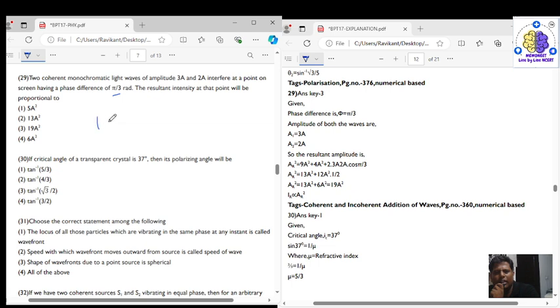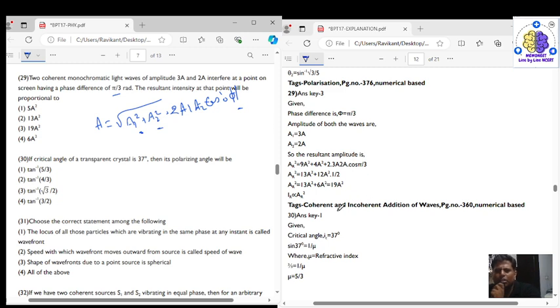That is A is equal to under root of A1 square plus A2 square plus 2 A1 A2 cos phi, right? Here A1 is given as 3a, A2 is given as 4a, and phi is given as pi by 3.